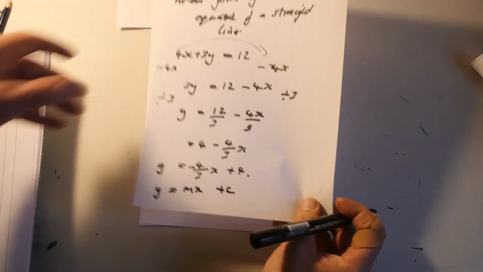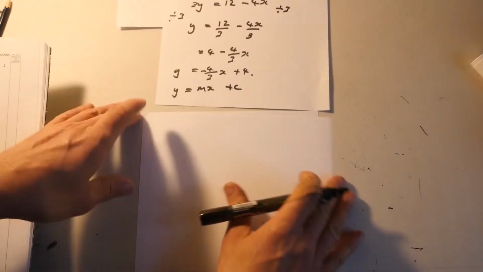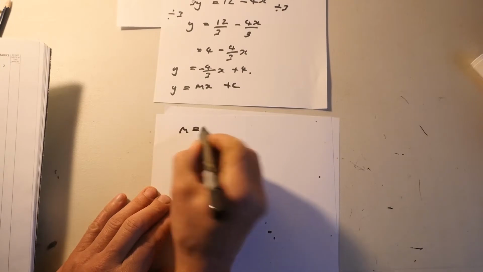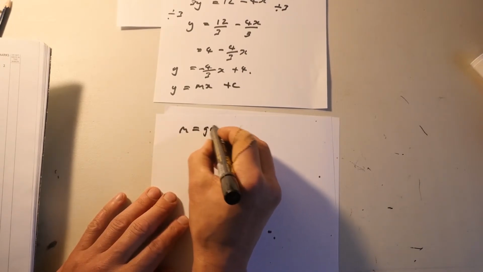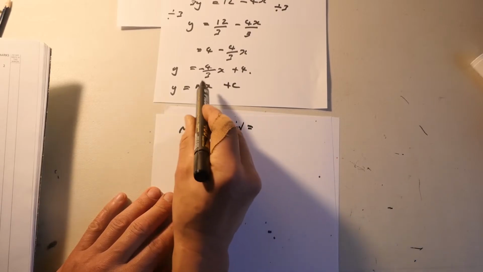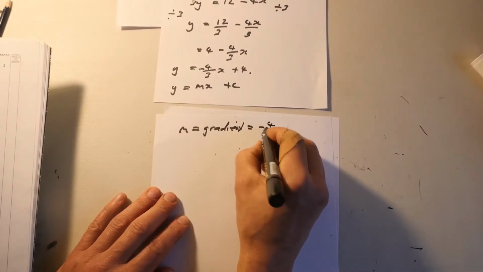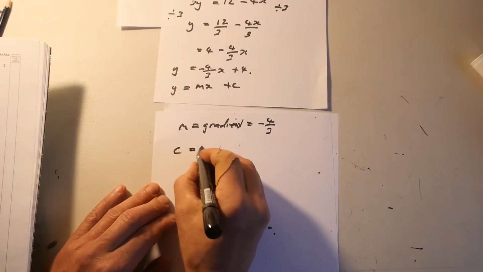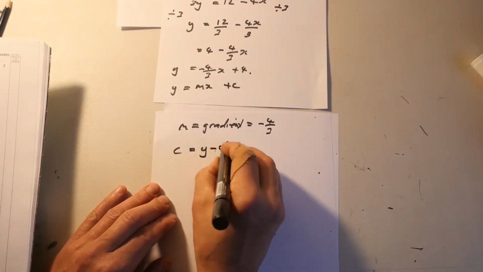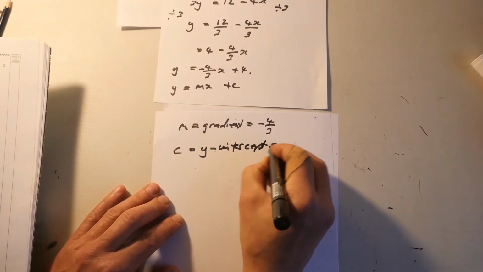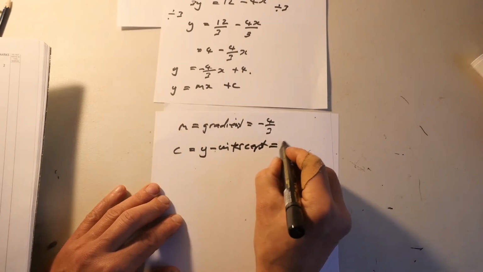So it's in the same form as y equals mx plus c. We know that m equals the gradient, which here is equal to minus 4/3. And c is the y-intercept, which here equals 4.